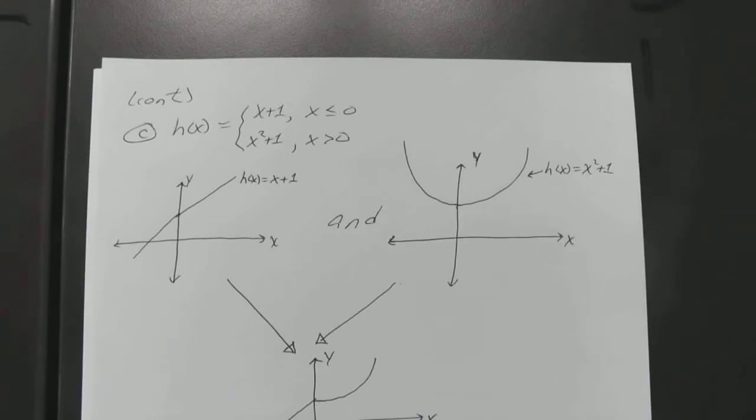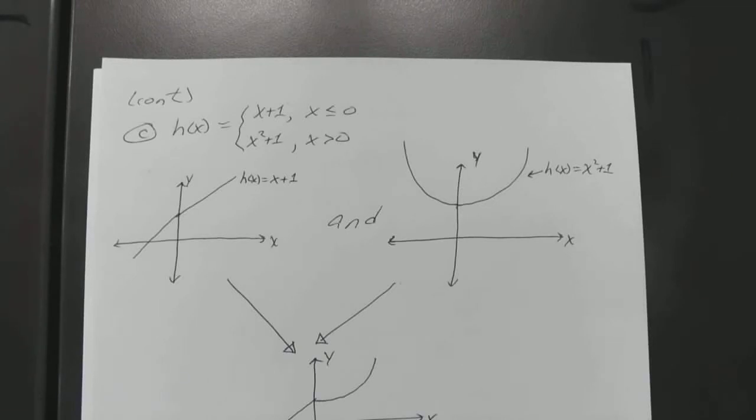Now, what if the first piece were x less than 0, and the second were x greater than 0? It would just be a hole at 0, right? Oh yeah, if neither one of them had the equal to, then it would just be an open circle. It would still be a hole. Exactly.